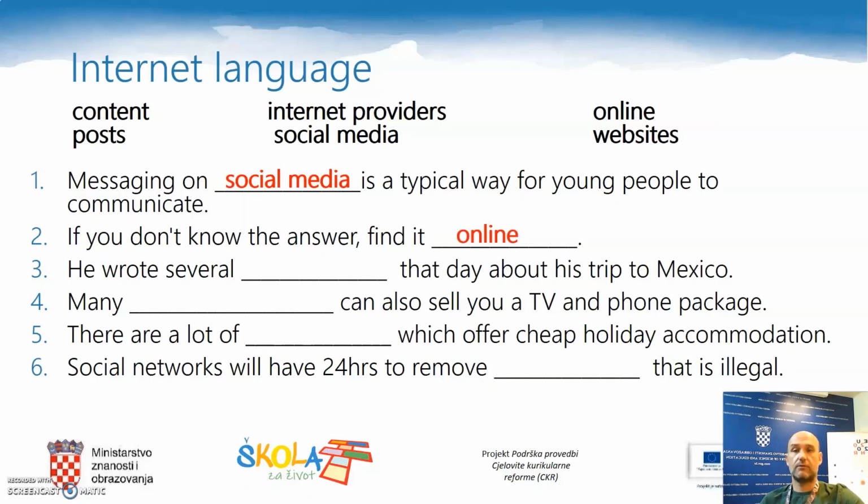He wrote several posts that day about his trip to Mexico. Many internet providers can also sell you a TV and phone package. There are a lot of websites which offer cheap holiday accommodation, and social networks will have 24 hours to remove content that is illegal.